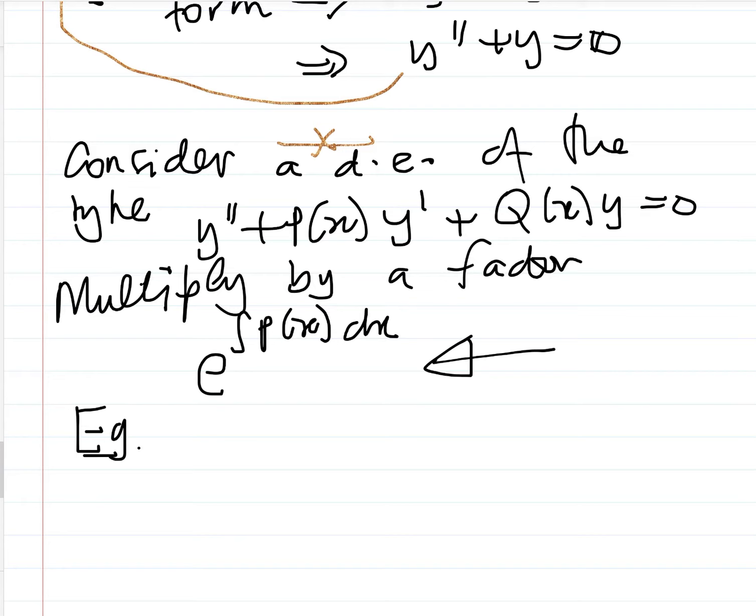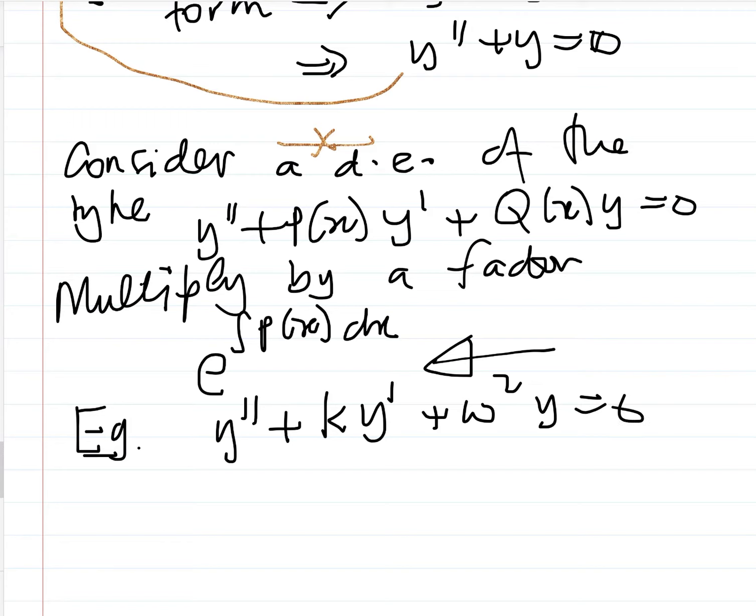So suppose we have a differential equation of this type, say y double dashed plus k times y dashed plus omega squared times y equal to 0, where k is a constant and omega squared is a constant. So you will note that in this case, in the notation of what we had above, the function p of x is a constant k, and the function q of x is a constant omega squared.